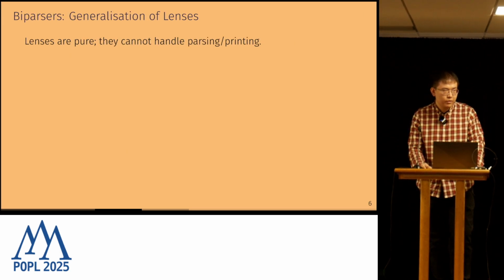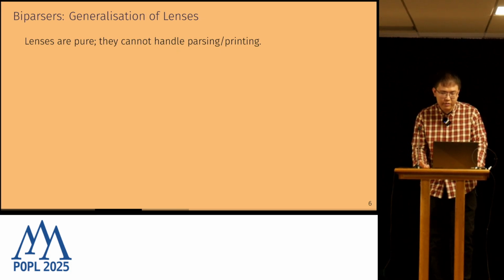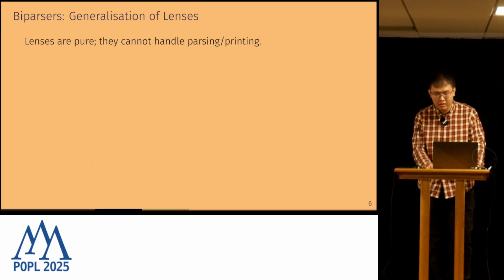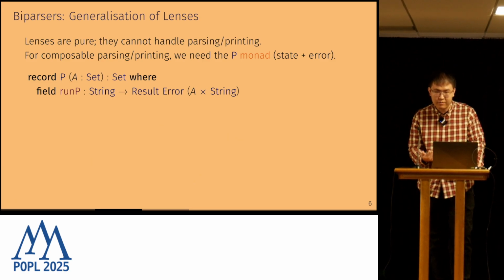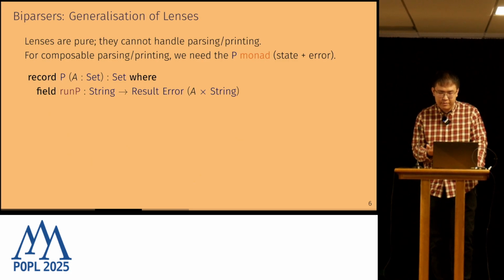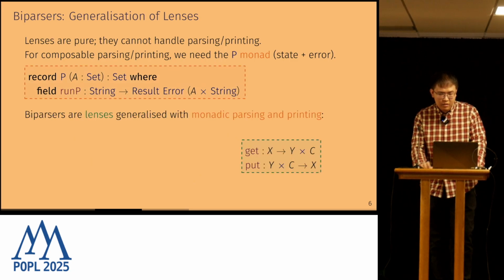This is very good, but lenses are pure, so they cannot handle the parsing and printing effects. For composable parsing and printing, we already know that we need some P monad, the parser or printer monad, which is basically state monad plus error monad. So biparsers are essentially lenses, but generalized with monadic parsing and printing.